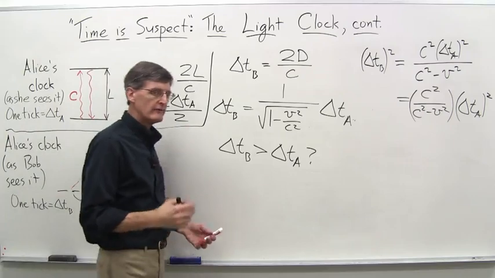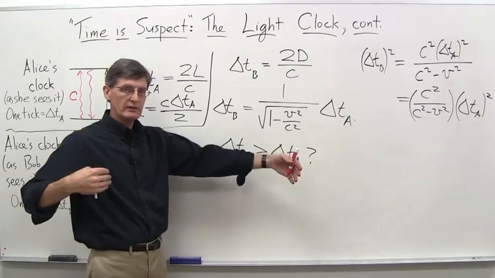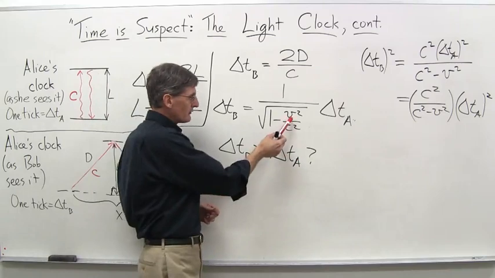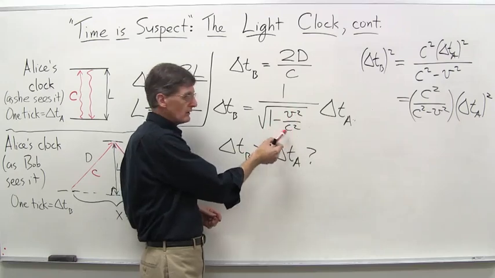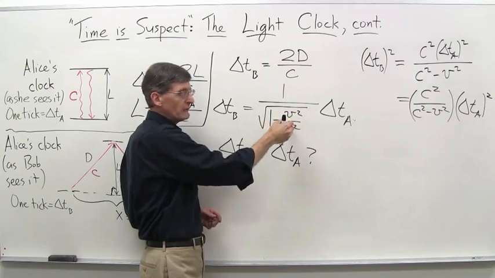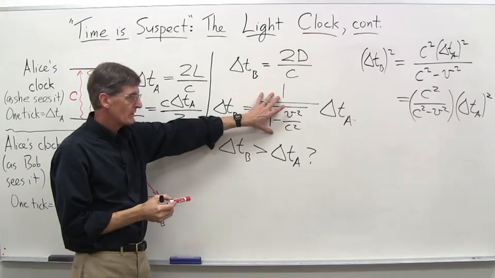What happens if v, let's think about another extreme case, what happens if v equals c, if Alice is actually going at the speed of light? Well, if v equals c here, I've got c squared over c squared then. That's 1. 1 minus 1 is 0. I've got a 1 divided by 0 situation. This is infinite. So that's a problem.